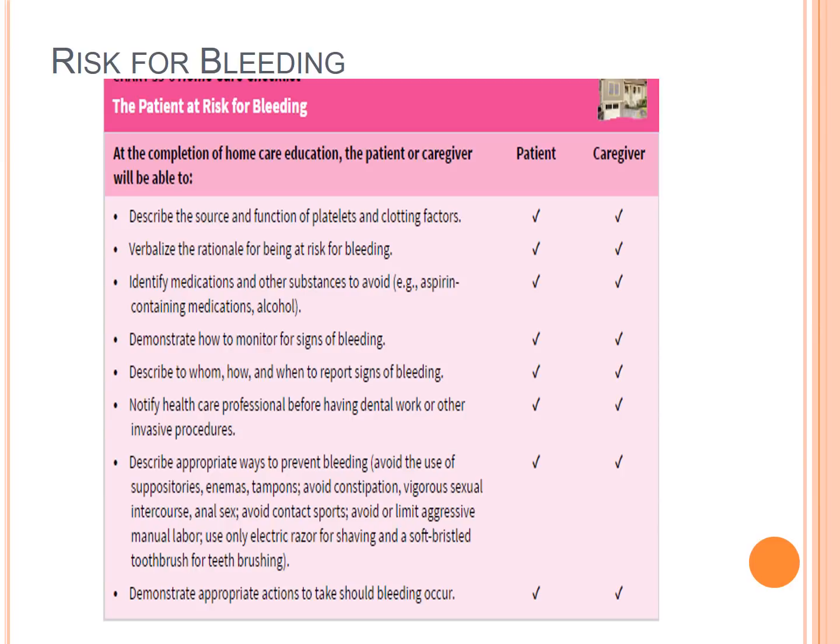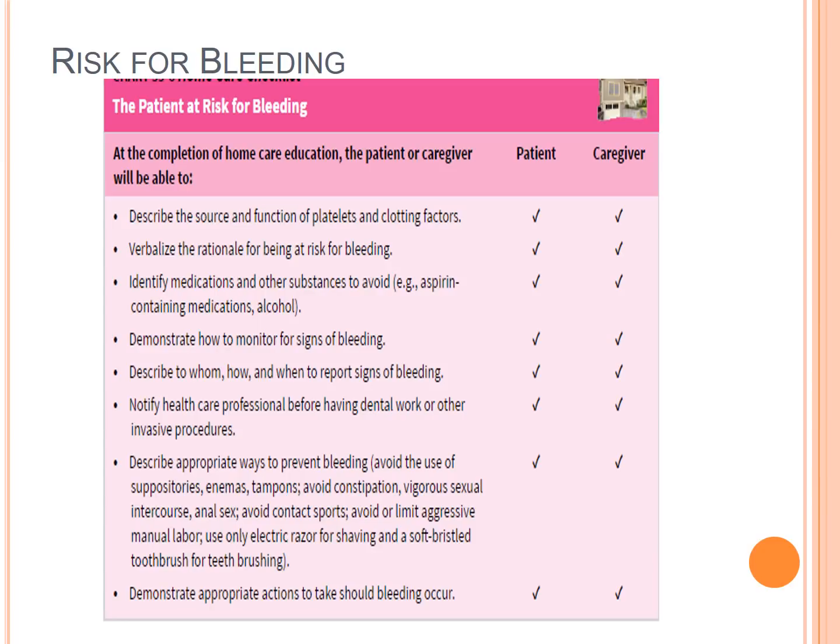Okay, identify meds and substances to avoid. So that would be medications that increase your risk for bleeding, such as aspirin, and also alcohol increases your risk for bleeding. Demonstrate how to monitor signs of bleeding. So how would you do that? You'd look for unexplained bruising.